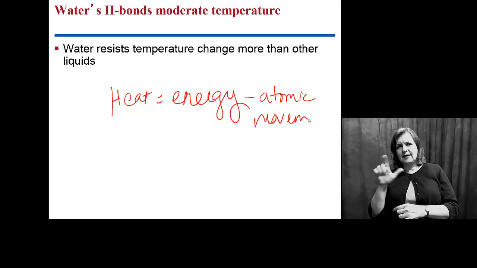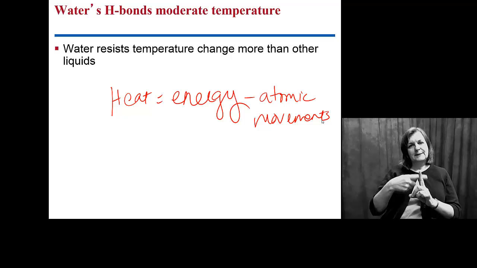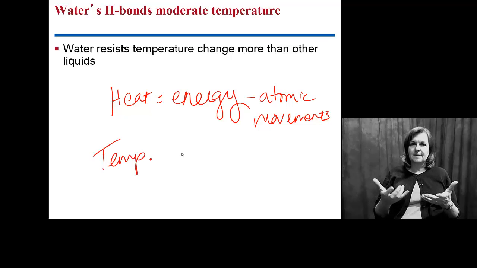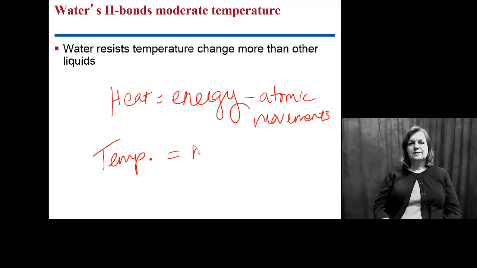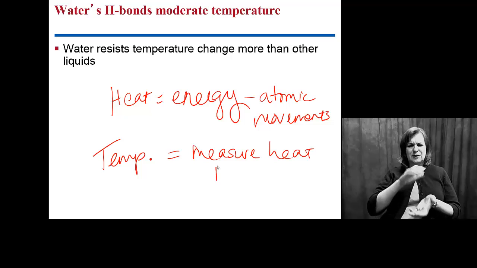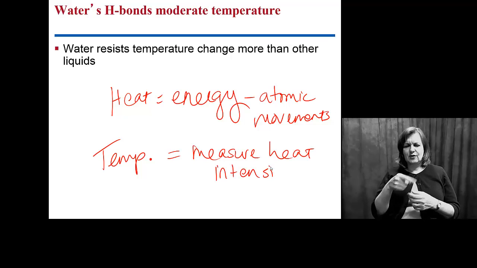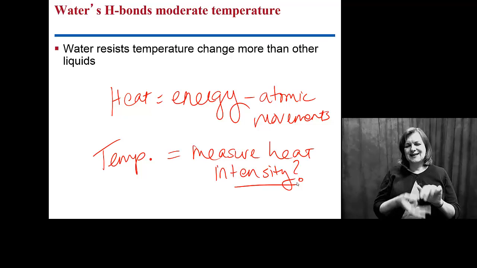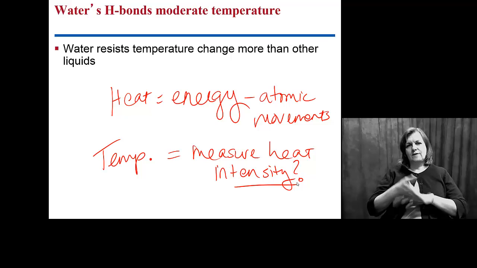So we'll look at heat a lot in the systems. And when we look at temperature, temperature is a measure of heat intensity. So how much heat is there? Temperature is that increase in heat intensity over time.